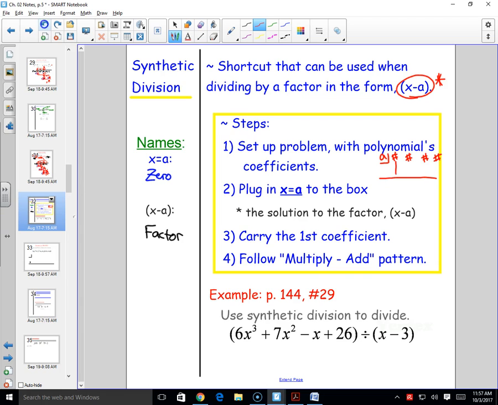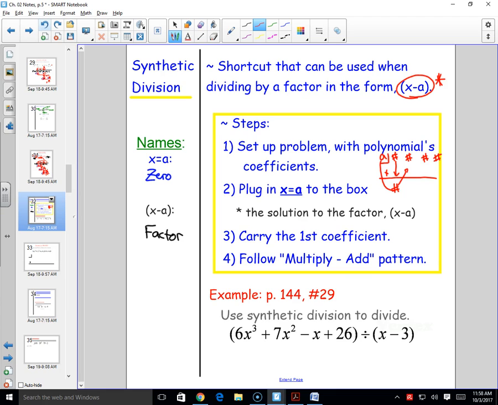You always bring down the first number. So you put your polynomial's coefficients here, which you're dividing into. Put your a here from what you're dividing by. That's step number 2. Number 3, carry down the first coefficient. Just come straight down. And then the pattern is you multiply, put it here, and then you add down.